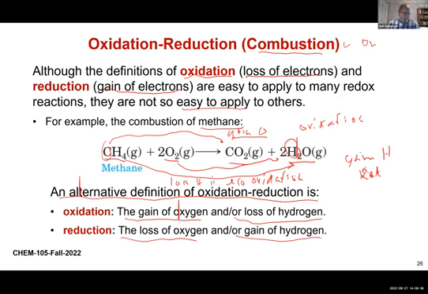So in reactions where you cannot use the ions to figure out oxidation and reduction, for example, combustion reactions, we use the idea that certain reactants gain oxygen, they oxidize. Certain reactants, for example, become water.